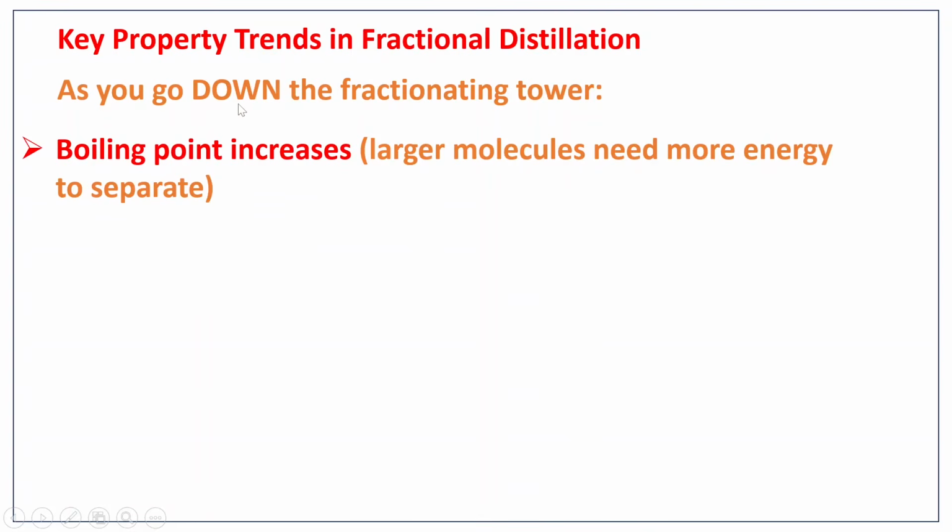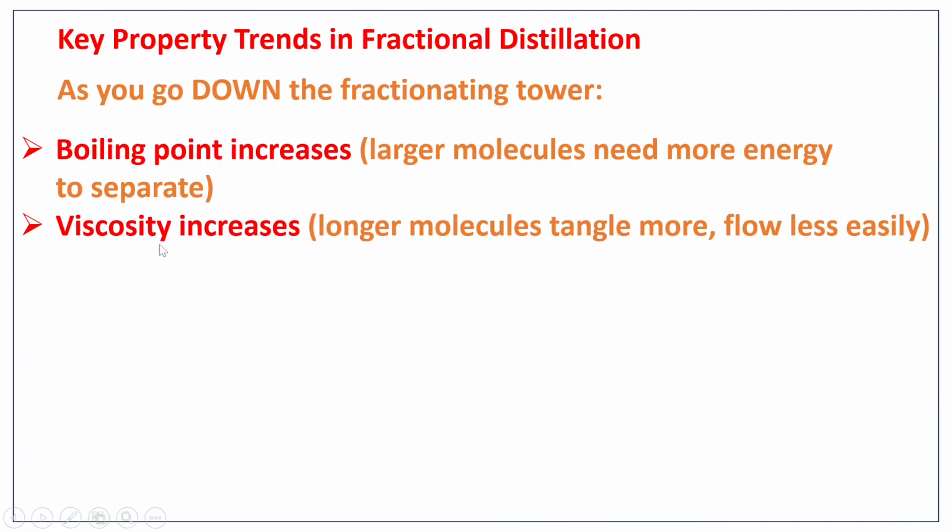As you go down the fractionating tower, boiling point increases. Why? Larger molecules need more energy to separate them, because as you go down, the molecules become larger or bigger. And because they become larger and bigger, you need more energy to separate them. Hence, boiling point increases.